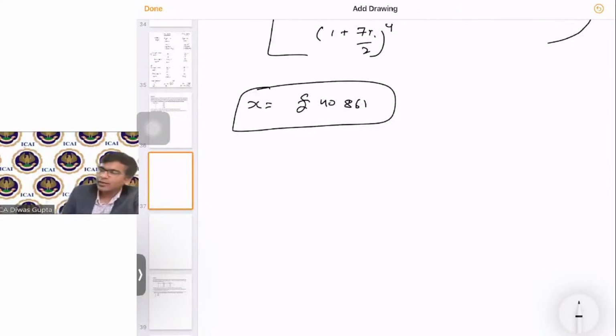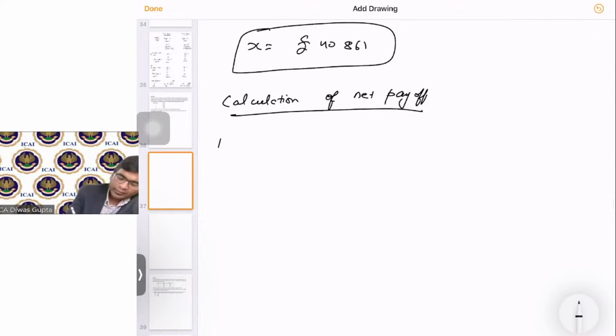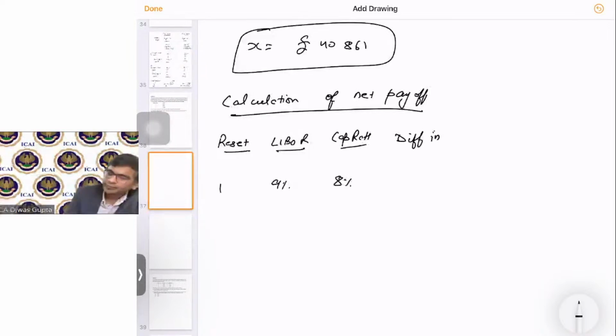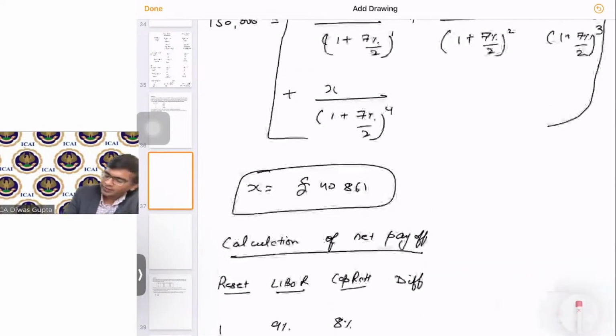We can easily calculate the net payoff. Calculation of net payoff. Reset period 1. What is the LIBOR at this period? 9%. Cap rate 8%. Difference from bank that we are going to receive, correct?